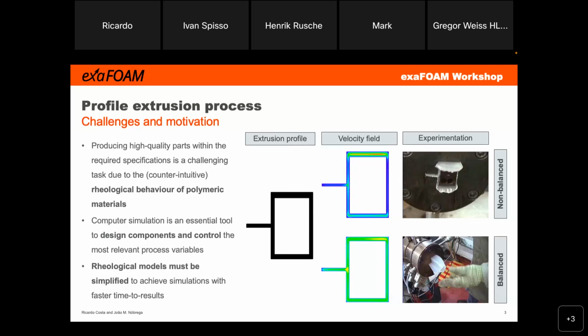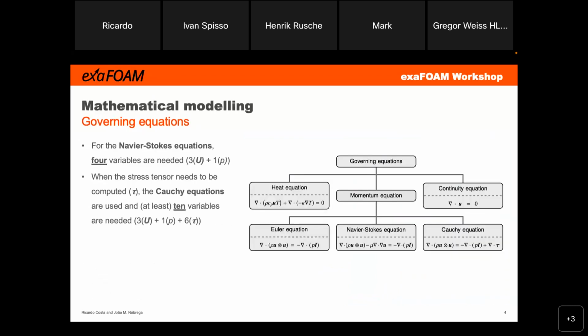So these difficulties arise both from the numerical and computational sides, as I will show in the next slides, and I will start with the modeling aspects. I will not go into details because I believe you are more than familiar with these kinds of equations. I just want to stress that the most general momentum equation is called the Cauchy equation.